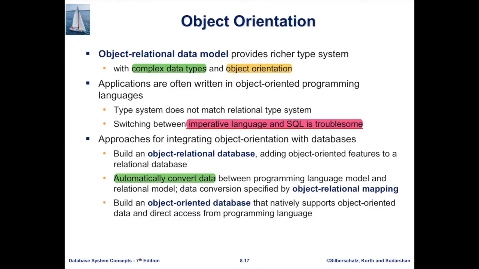And then the third is building an object-oriented database that natively supports object-oriented data and direct access from the programming language. However, the third method is often unsuccessful. So, only the first and second methods will we discuss.